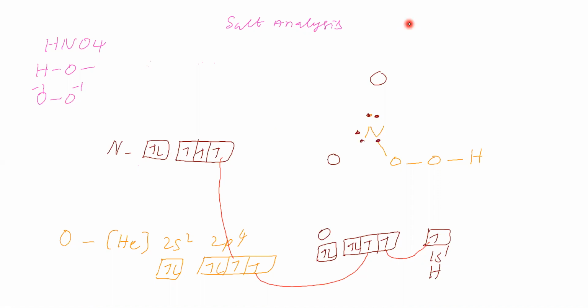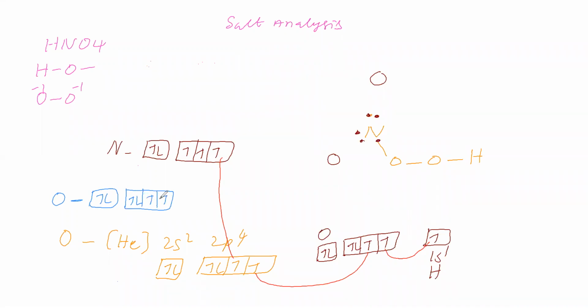Okay, 2 oxygens over. Remaining 2 oxygens we will take. I will take another oxygen. For this oxygen, the electronic configuration is 2s2, 2p4.